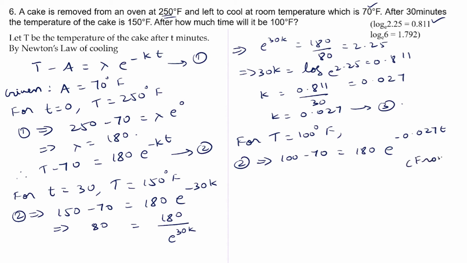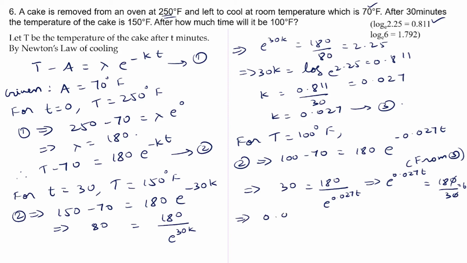This is from 3. Or from this we have 30 equal to 180 upon e raised to 0.027 t, or e raised to 0.027 t equal to 180 divided by 30. This is 6.